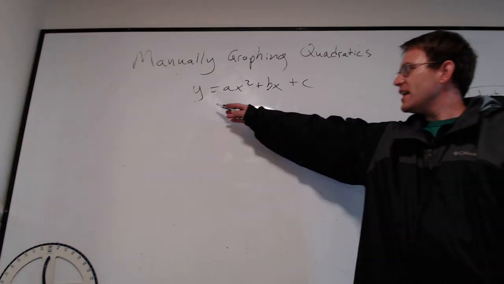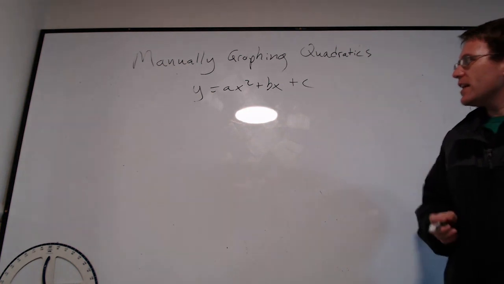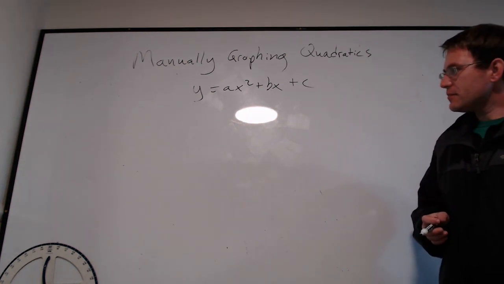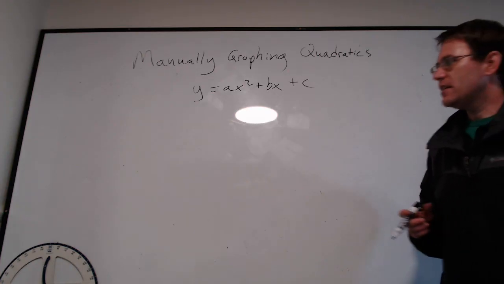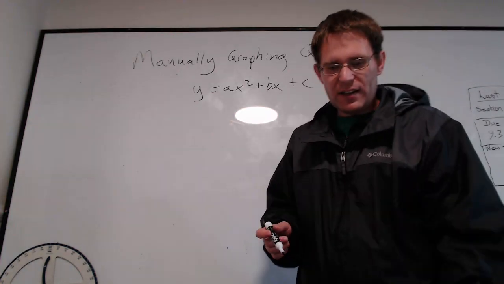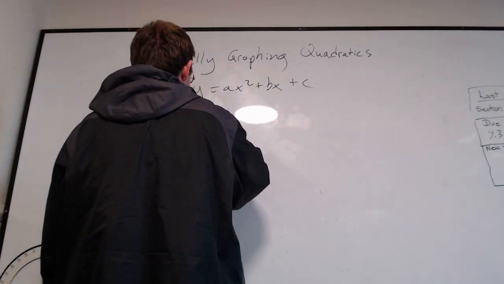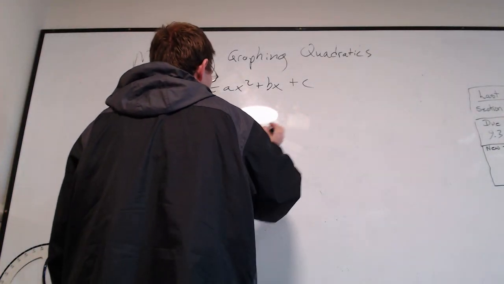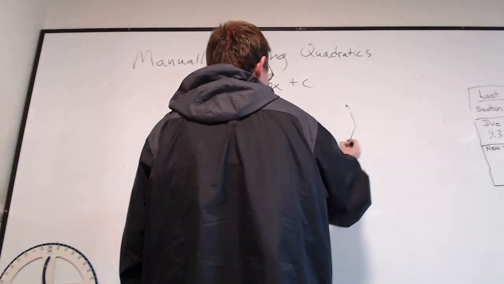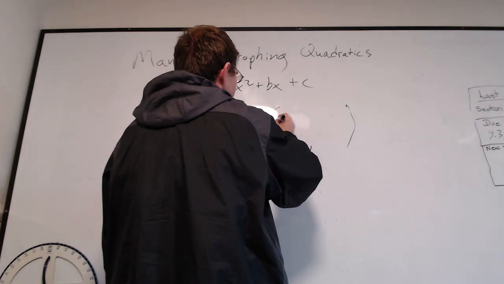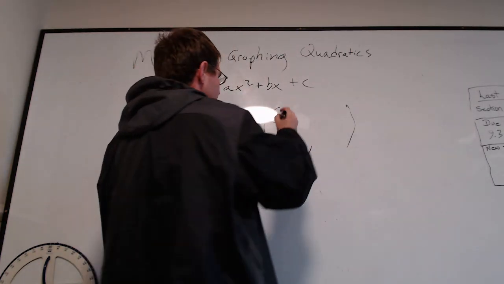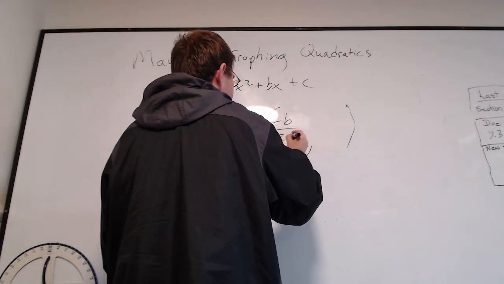So this is our standard form for a quadratic equation. We're going to start by trying to find the vertex. There's a formula, if you will. For the vertex, the x value of the first point is going to be negative b over 2a.